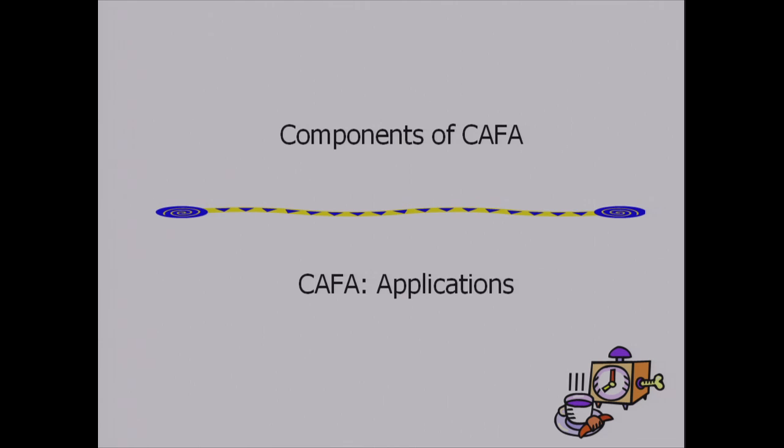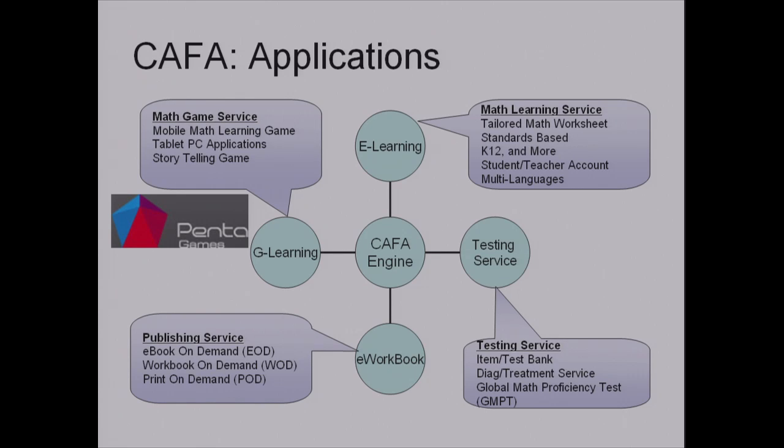Okay, applications. There are several applications. The reason I call it an engine is that so many applications are available. Number one is e-learning. We can provide learning opportunities to students based on this Cafa engine. Second, we also apply this to testing services, like formal education, web-based computer adaptive testing.